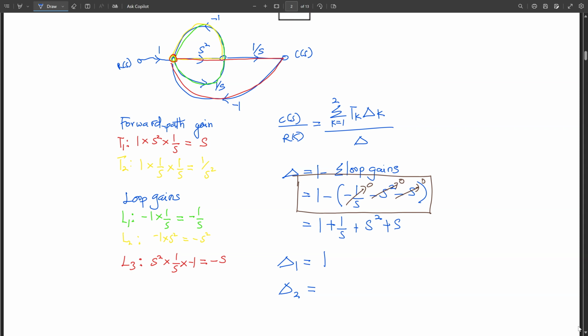If you do your eliminations, you find that we get 1 here too, because every loop here touches the second path. Now, the next thing to do is to come back to the formula and substitute whatever we have here. Then the whole thing becomes simple. Let me clean this side.